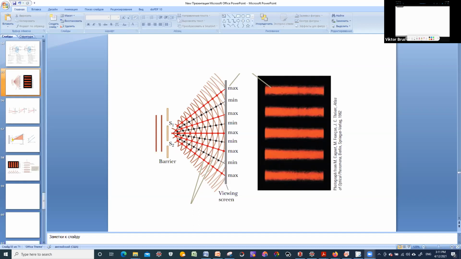So what do we have here? We have some plane electromagnetic wave. Then we have two very small slits at a certain distance from each other.